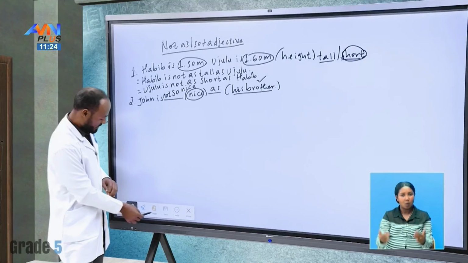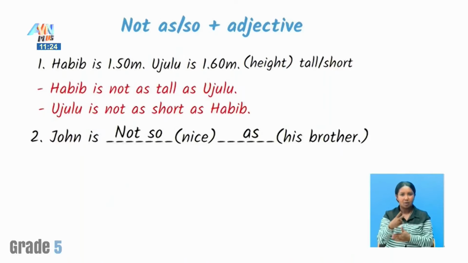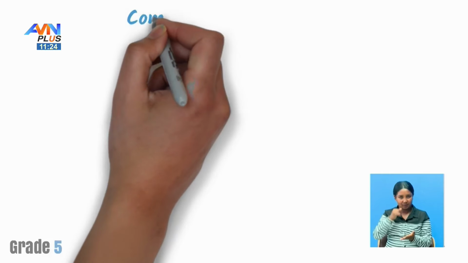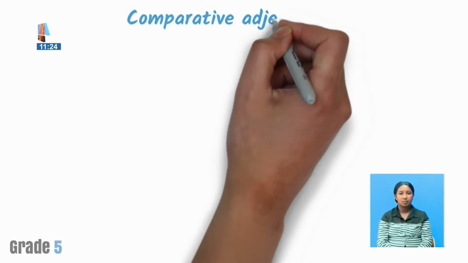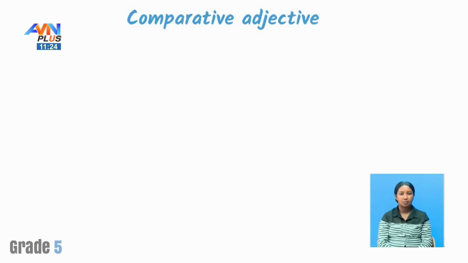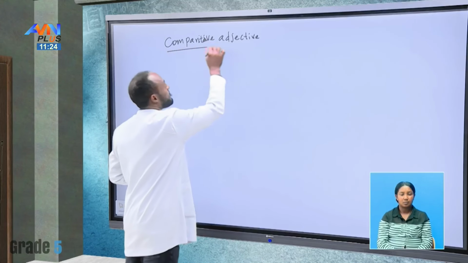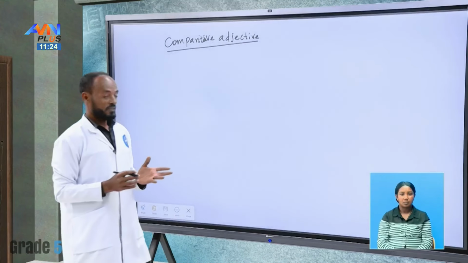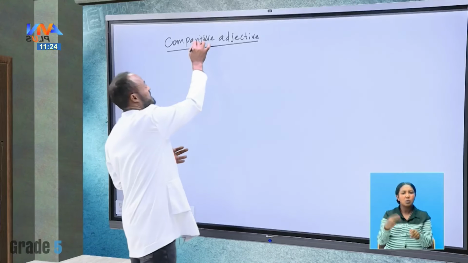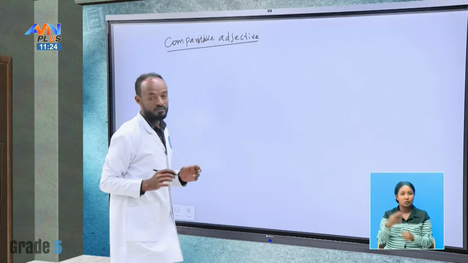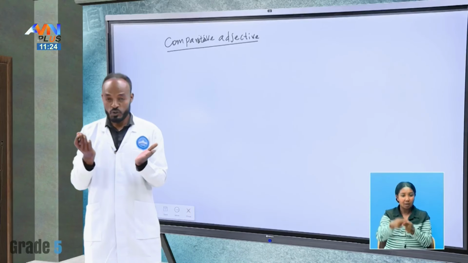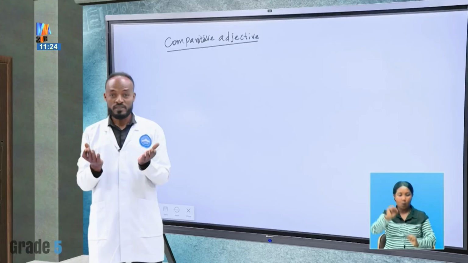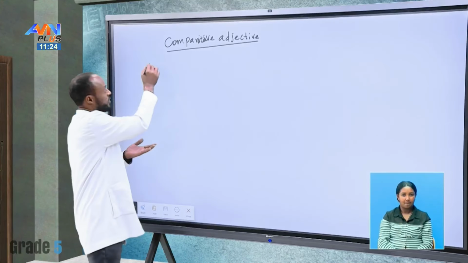Now we will say something about the next point, comparative adjective. Students, when do we use comparative adjectives? We use comparative adjectives, as the name says, to compare two things. To compare what?